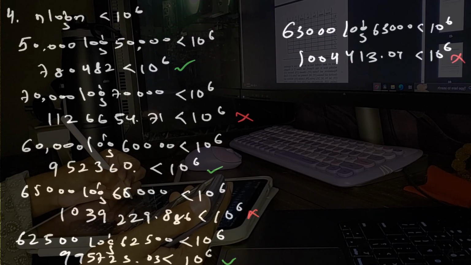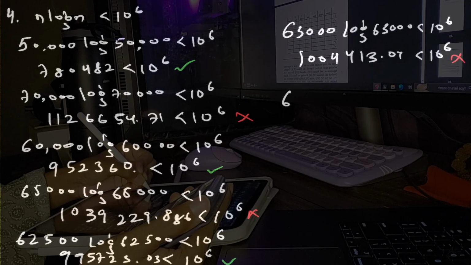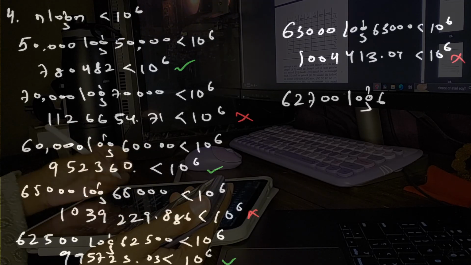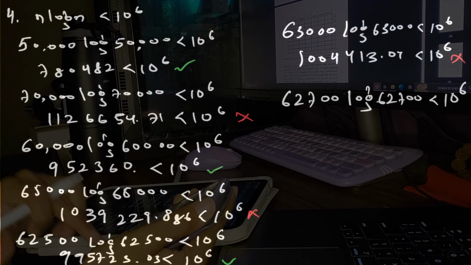Okay, let's try 62.7, which falls somewhere in between. 62,700: is it less than 10 to the power of 6?